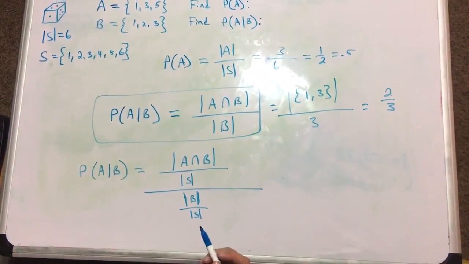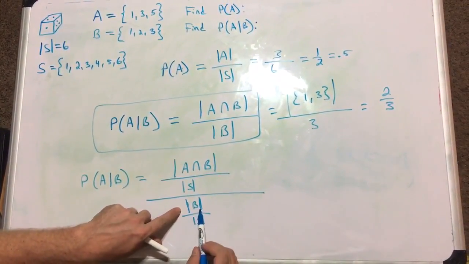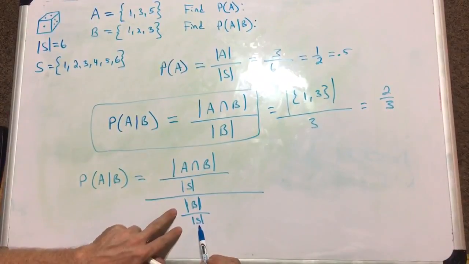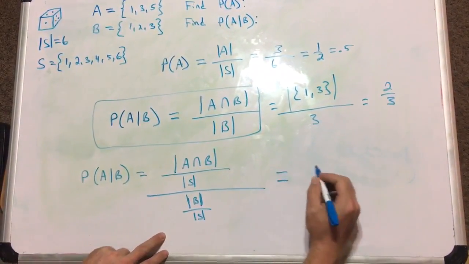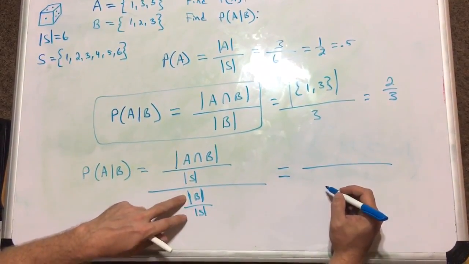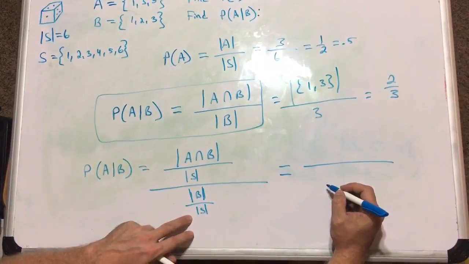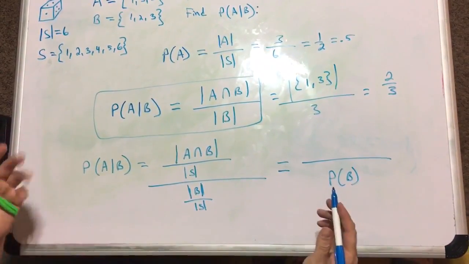So what exactly is this now? What is the cardinality of B divided by the cardinality of S? In essence, that is considered the probability that B occurs. Simple as that.